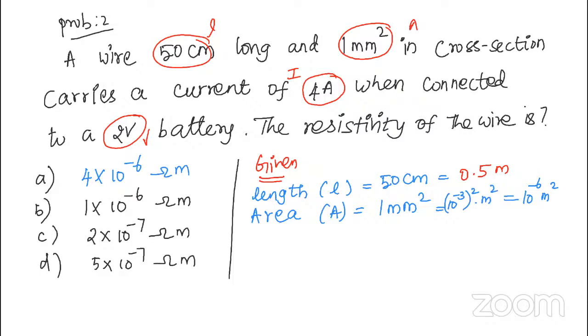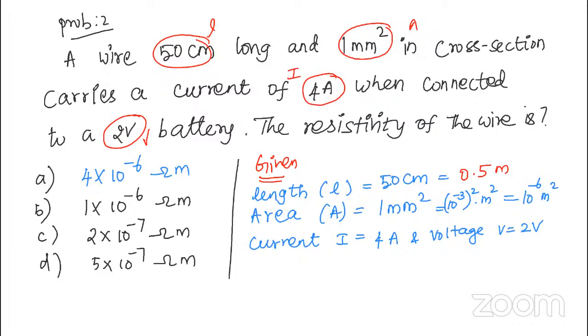Right. Then what is the value of current? It is current I value should be is equal to 4 into A. And voltage value enna koduthirukkanga? Voltage V is equal to, it is 2 volt. Okay. So in the informations they are given.